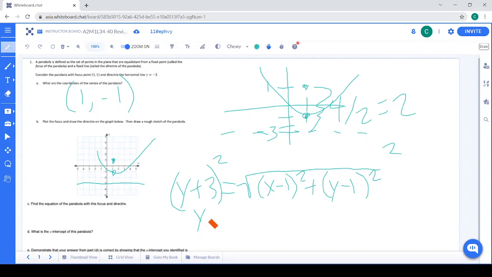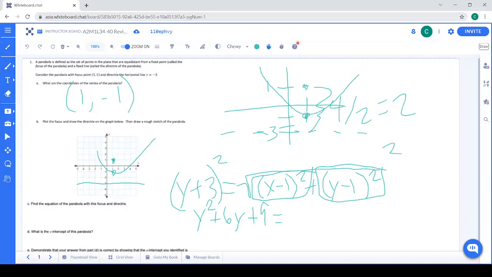So I would have y squared plus 6y plus 9 equals, and if I square that, I get rid of my radical. A square root squared gets rid of the radical. So now I'm just dealing with these terms.